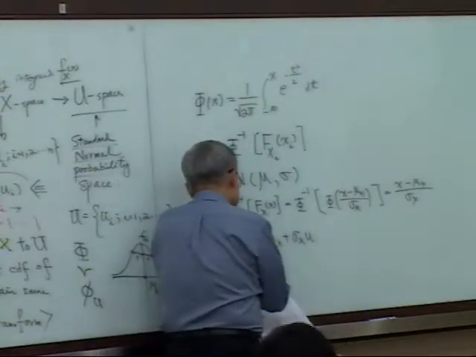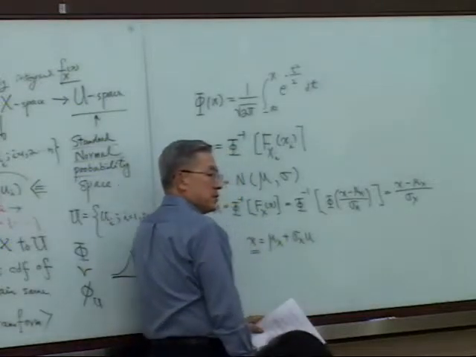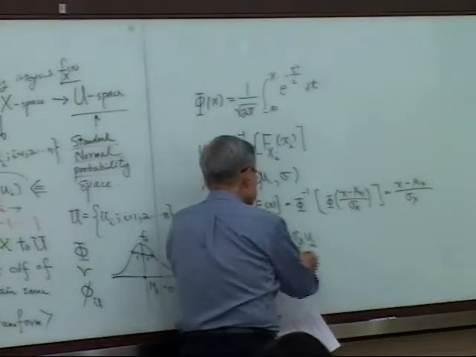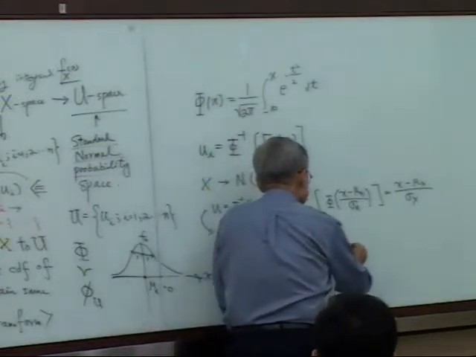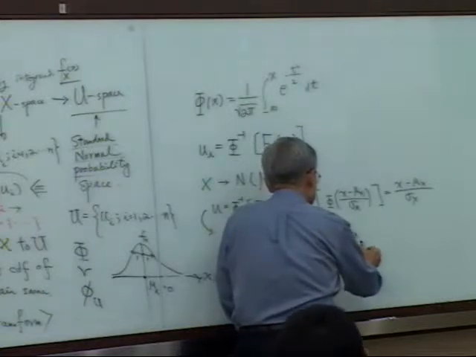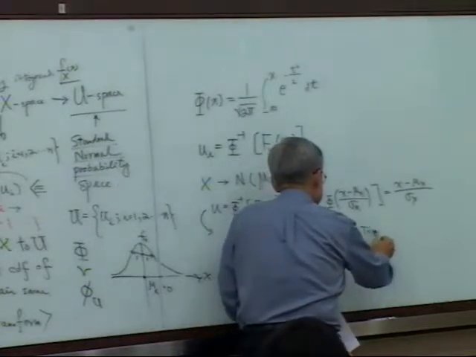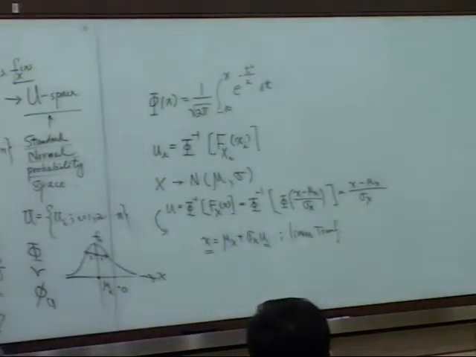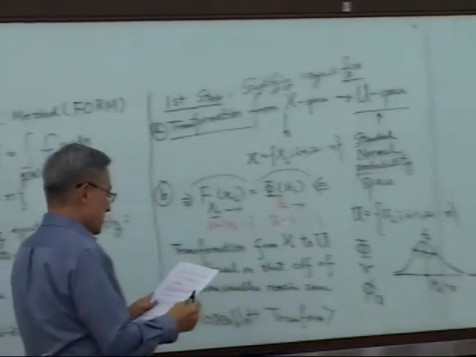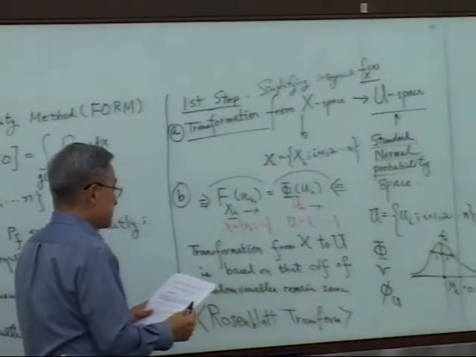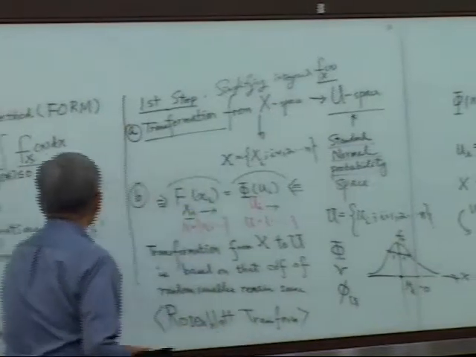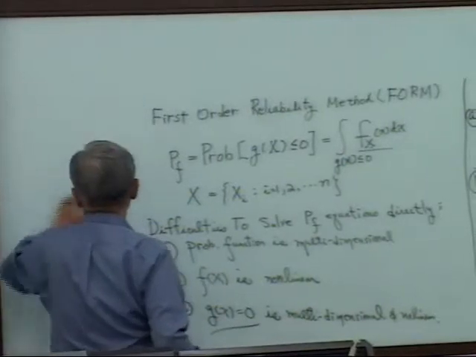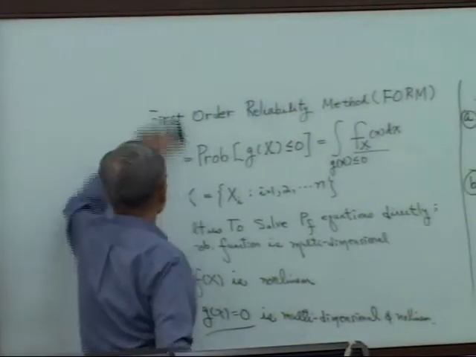As you look at the x variable in X space and the u variable in U space, you can claim this is a linear transformation, which is really nicer. Okay, now we can work on the U space.